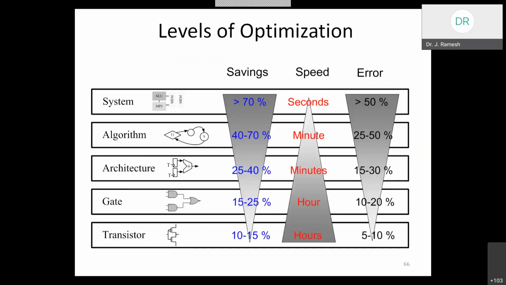So up to this we can understand that the switching activity influences the power consumption. If the switching activity is more, then the power consumption also will be more.